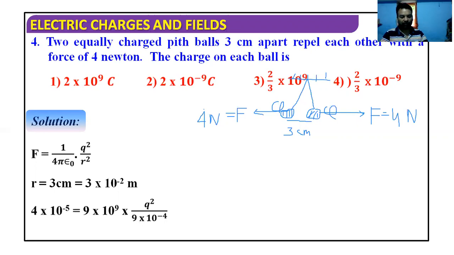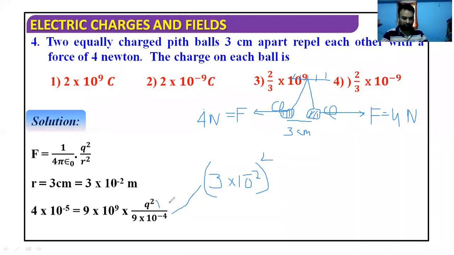Distance is 3 centimeter square, so 3 centimeter can be written as 3 into 10 to the power minus 2. Because we need to square this, it becomes 9 into 10 to the power minus 4.